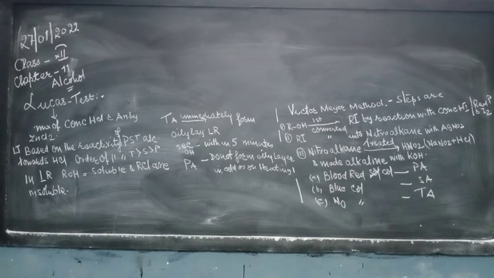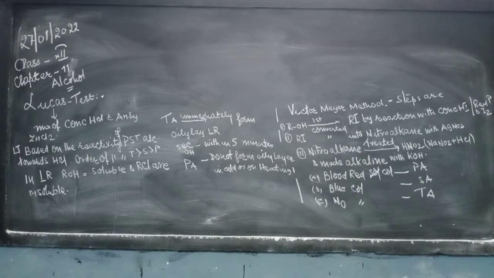So our first point is Lucas test is based on reactivity of primary, secondary and tertiary alcohol towards HCl. Order of the reactivity is tertiary, secondary and primary. In Lucas reagent, alcohols are soluble, whereas alkyl chlorides are insoluble.